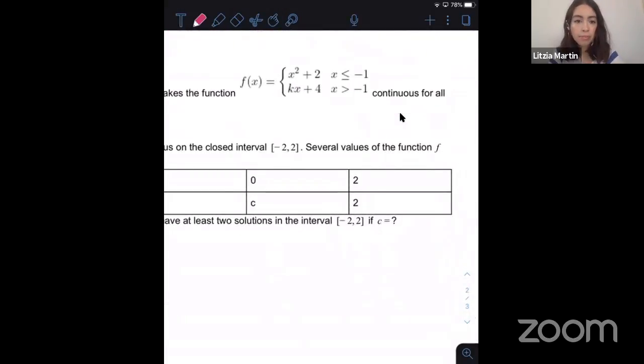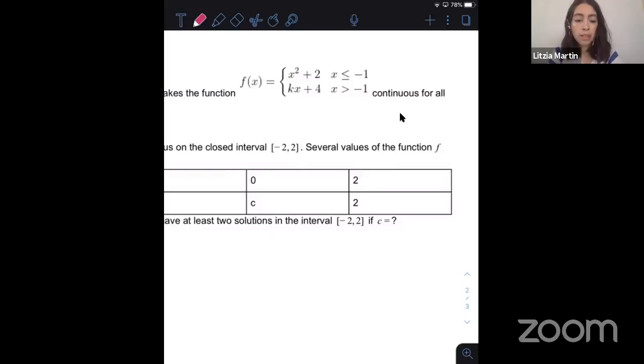Number 5 says find the value of k that makes the function f of x equal to x squared plus 2 when x is less than or equal to negative 1, kx plus 4 when x is greater than negative 1, continuous for all real numbers.